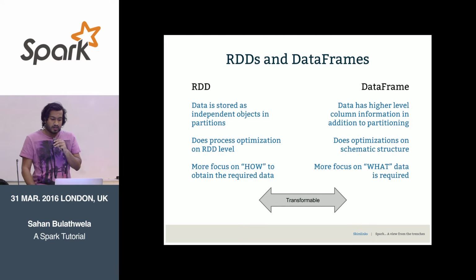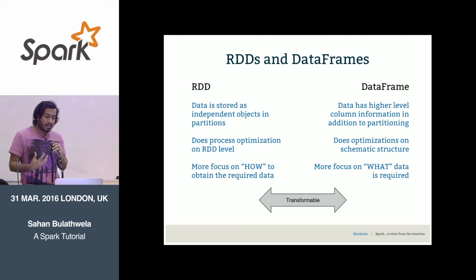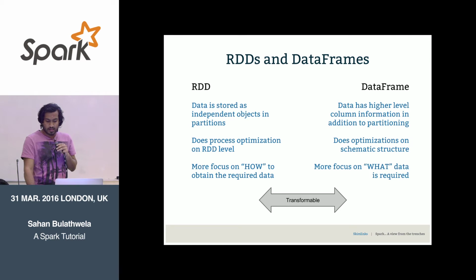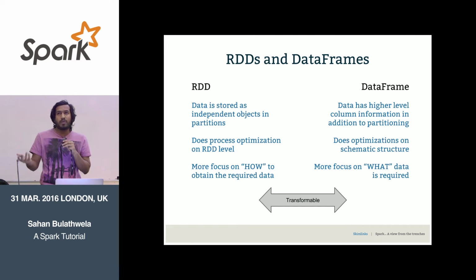On a logical sense, RDDs focus on how to obtain the required data, whereas data frames are more focused on what data we need. This aligns greatly with one of the core design principles of Apache Spark, which is that we should be able to do simple tasks easily, but complex tasks should be possible.